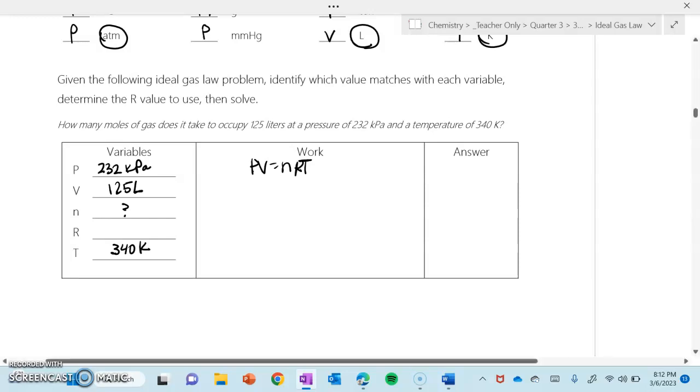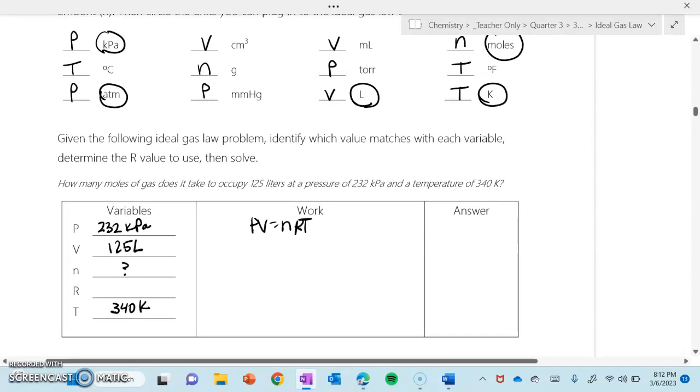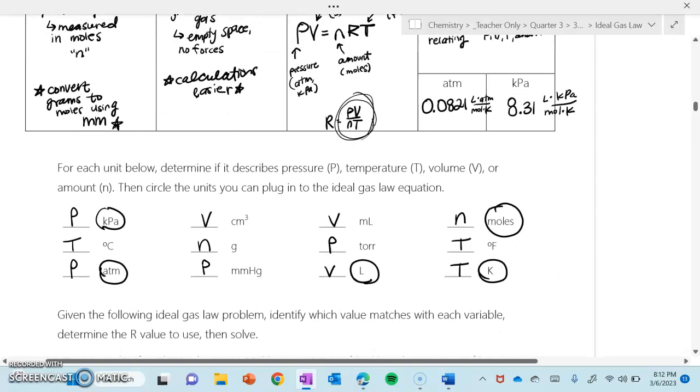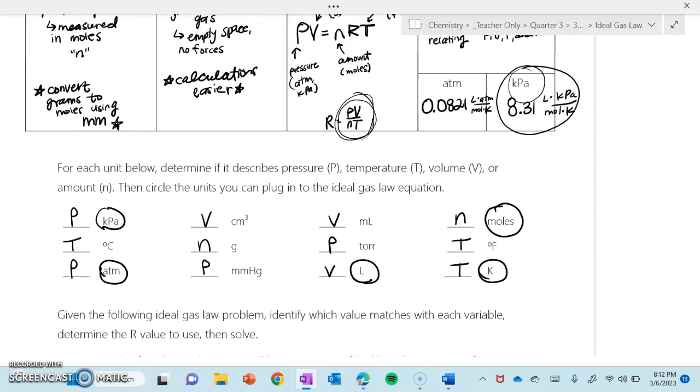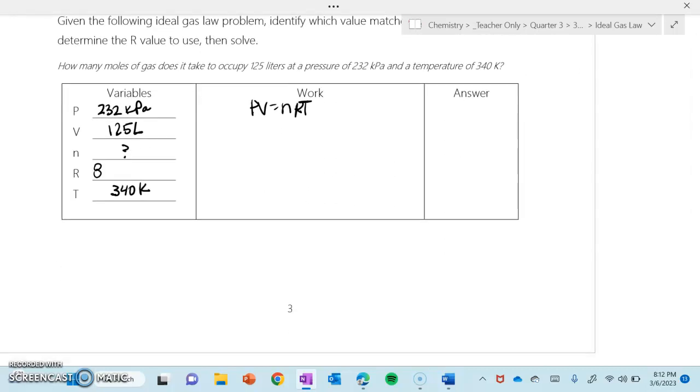Now we need to figure out which R value to use. Well, we've only got two options. We have kPa as our pressure, so we're going to use this one over here, which is 8.31. And that should match all of our units. Liter, yep. kPa, yep. Mole, Kelvin.